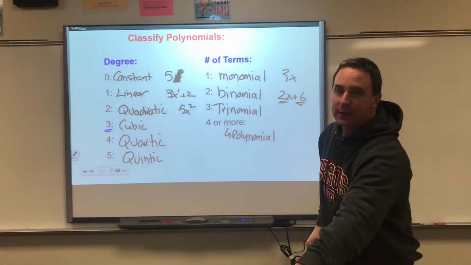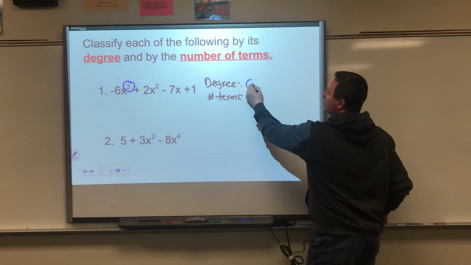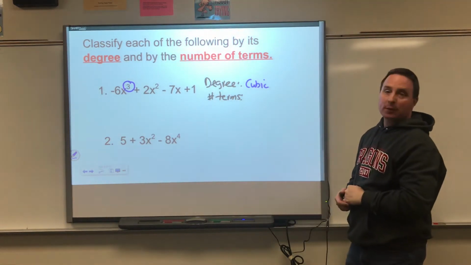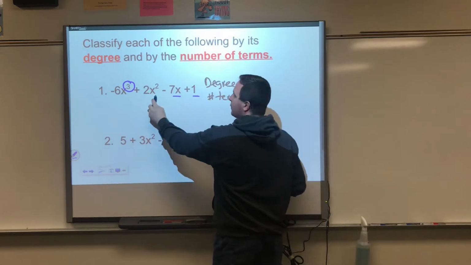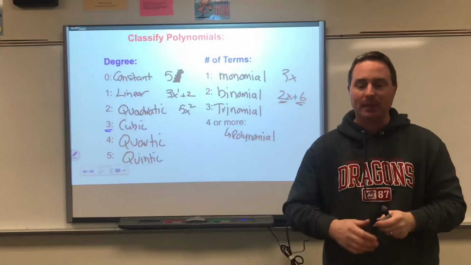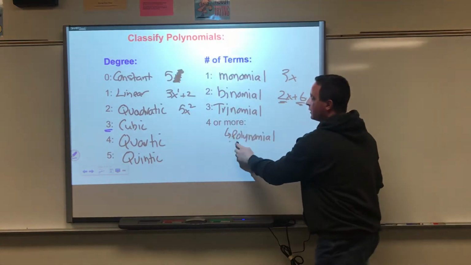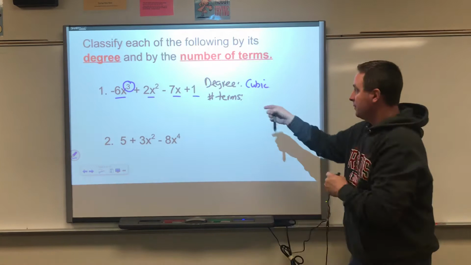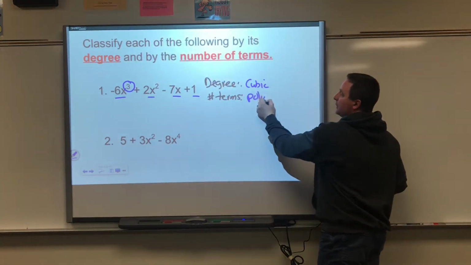Its largest degree is 3, so it's called a cubic. And the other thing, how many terms are there? Well, there's 1, 2, 3, 4. There's 4 terms, and if it had 4 or more terms, it was called a polynomial. This one is called a polynomial.